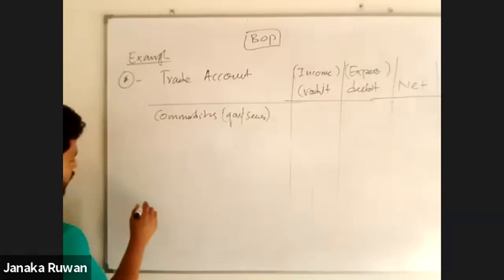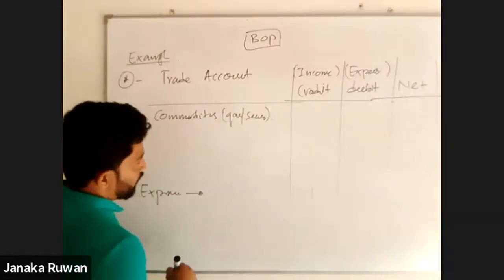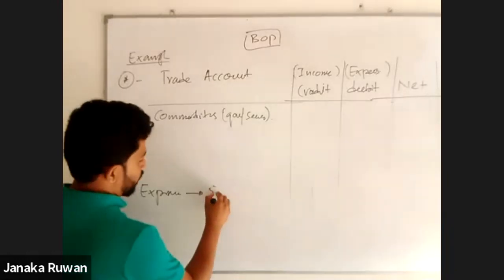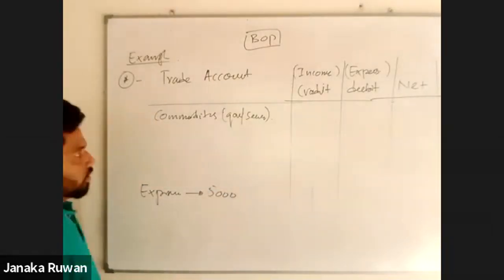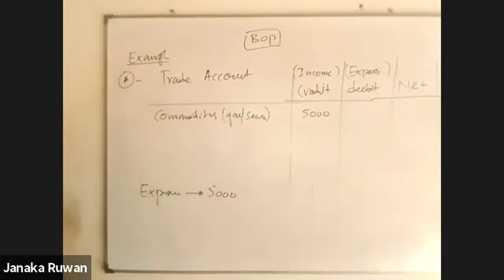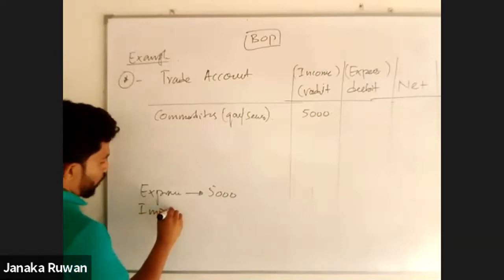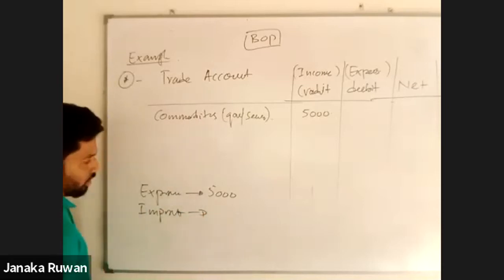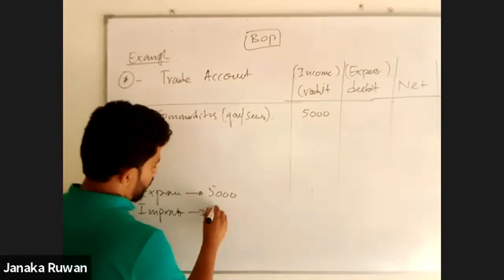Just consider we export commodities and take income of 5,000. It must be recorded here. On the other hand, we import commodities and the bill value is 10,000.